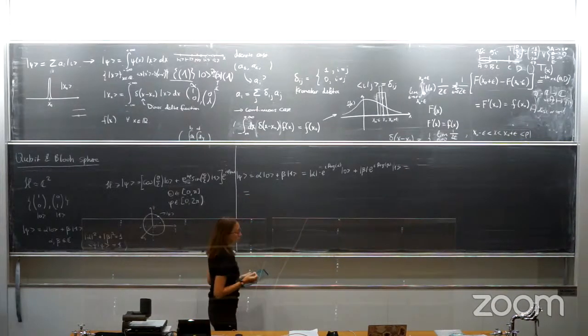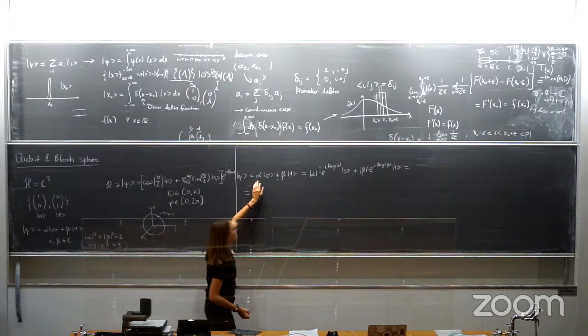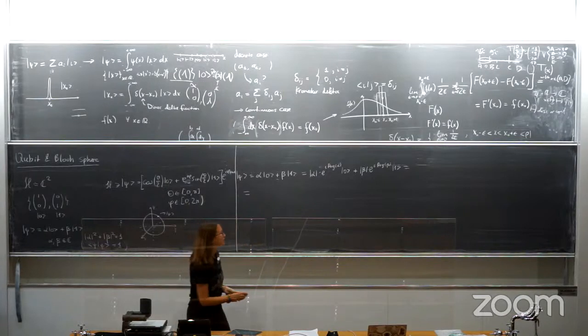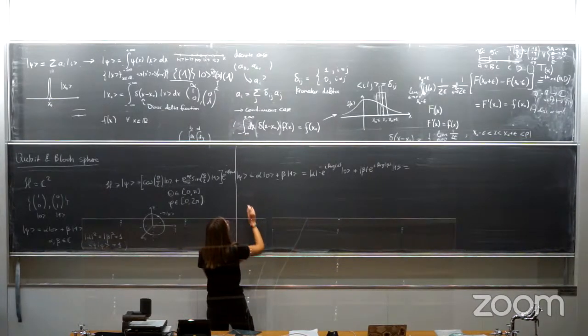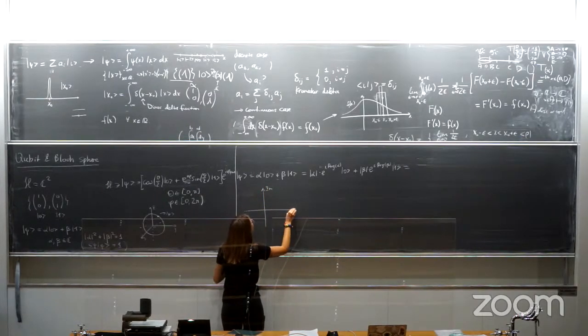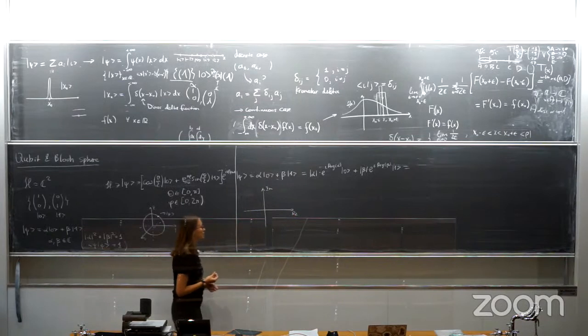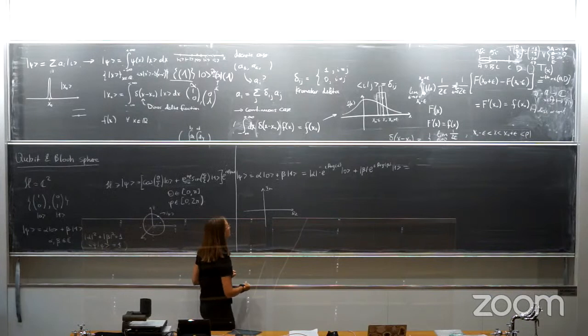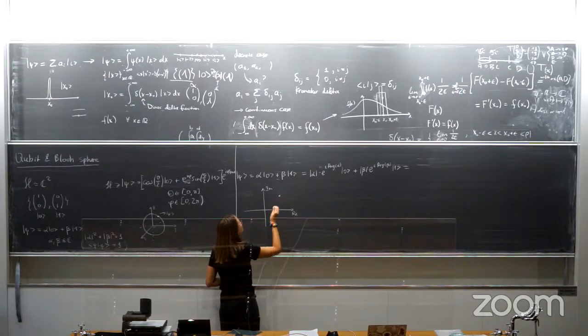So is it clear that every complex number can be written as the modulus of the complex number times a phase? Not clear. Okay. Let us come back to the complex numbers. So again, we have our complex plane, real part, imaginary part. Each complex number is a point in this plane.